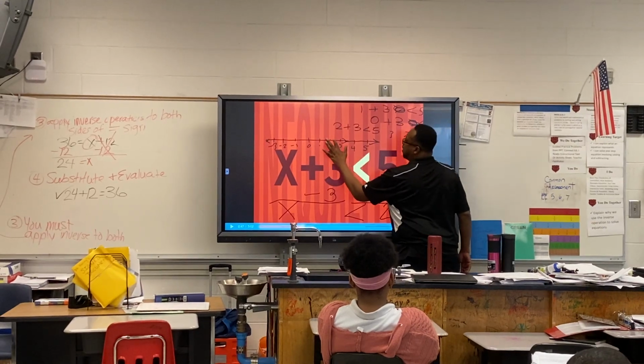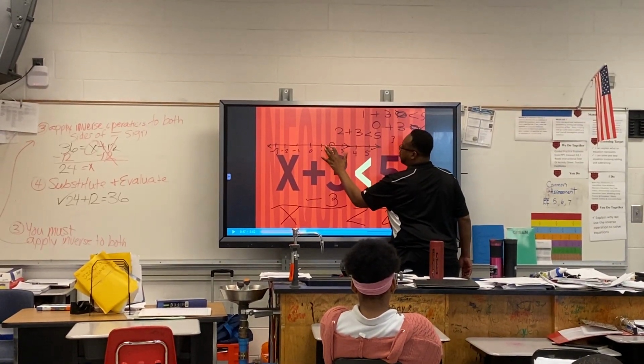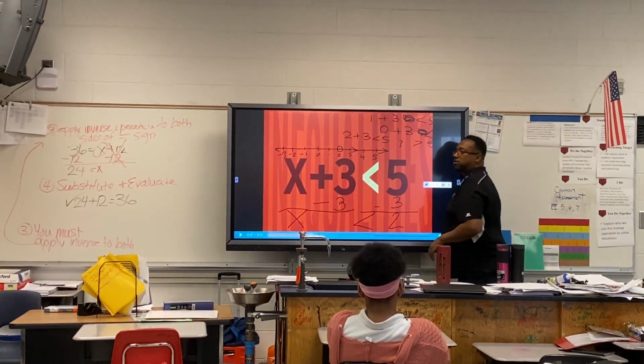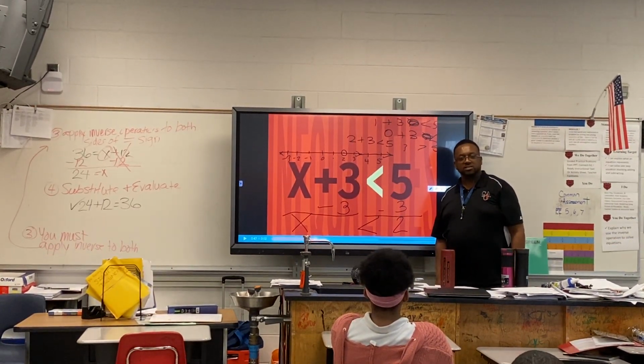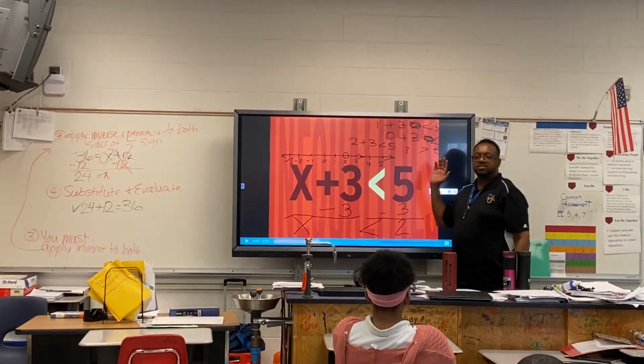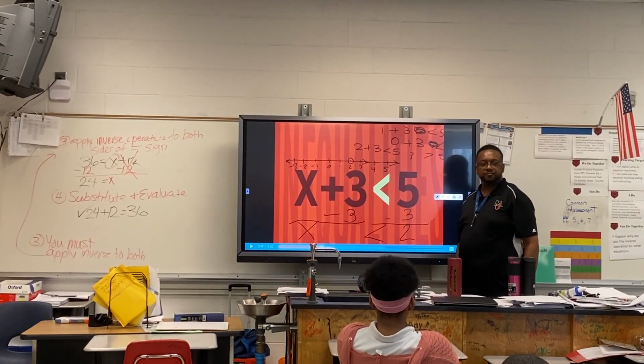I'm going to put a circle on the 2. Is that an open circle or a closed circle? That's an open circle. And which way is the arrow gonna go? To the left.